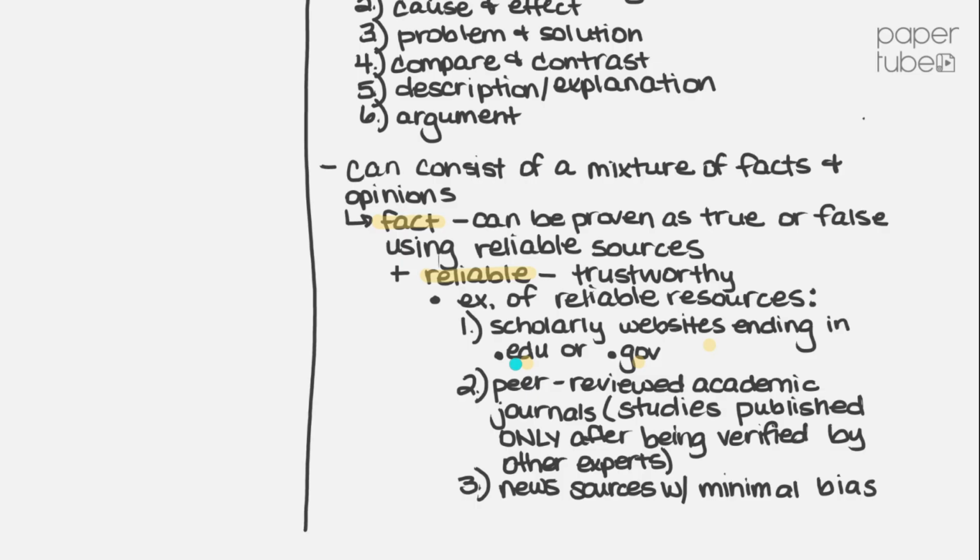Those two only operate with basically viewer and listener contributions. They're not being paid by any big advertising companies or anything like that, so they're not getting money from Coke to give you a story. They're just trying to give you the straight facts without any additional opinion or bias.